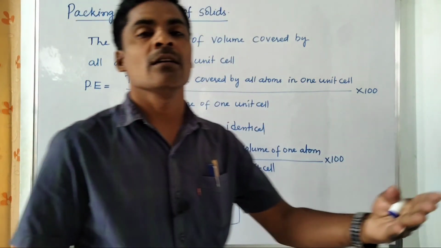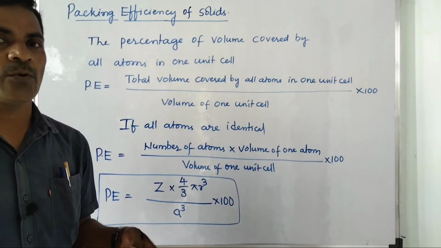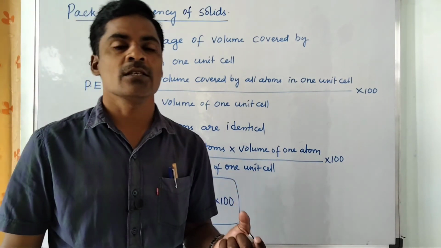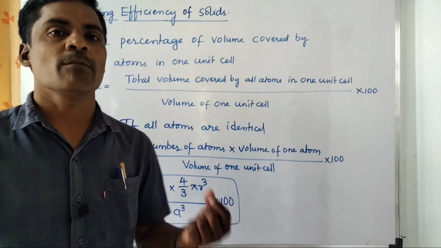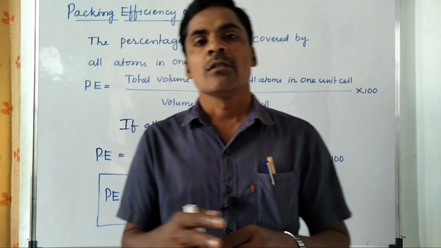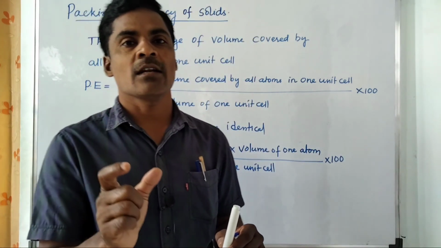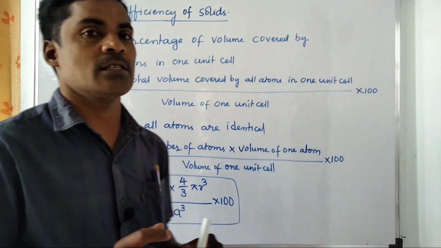So how to find the number of atoms present in various unit cells? Okay, so before going to find the number of atoms, we have to know the contribution of atoms at various positions.